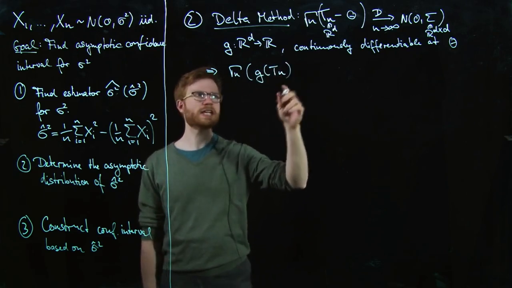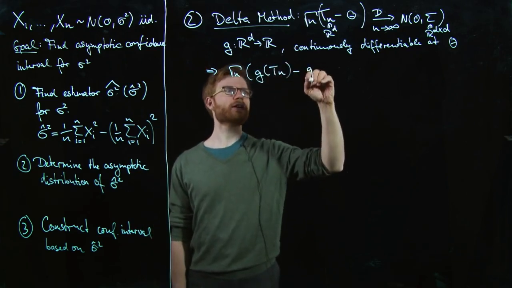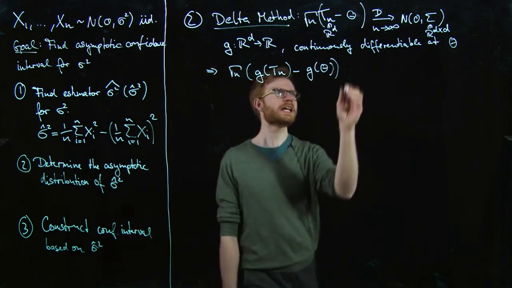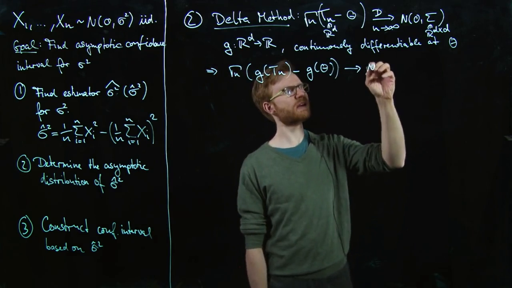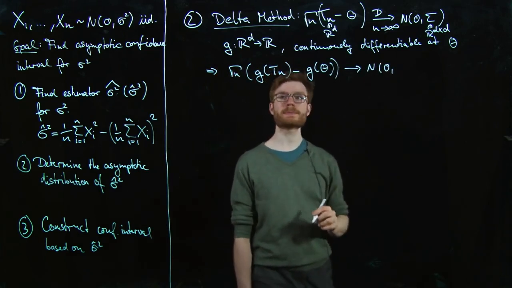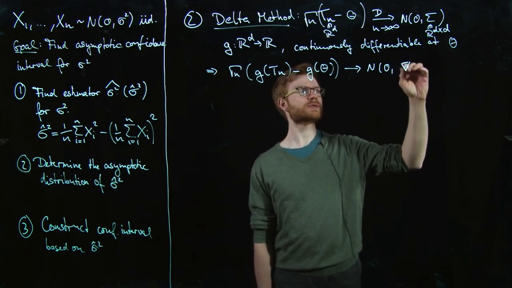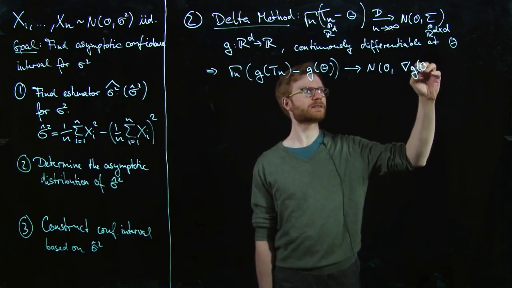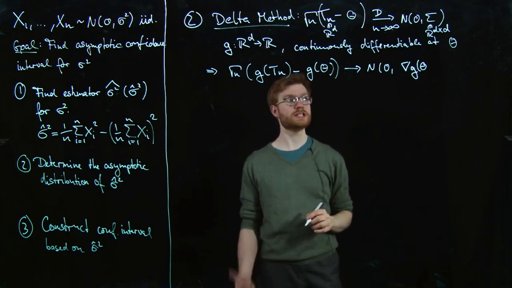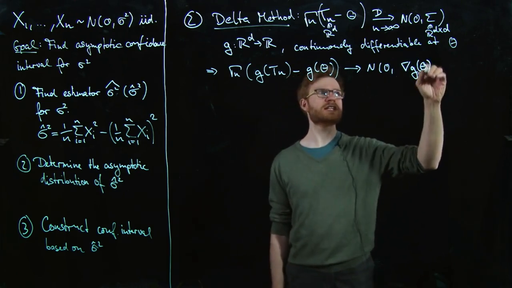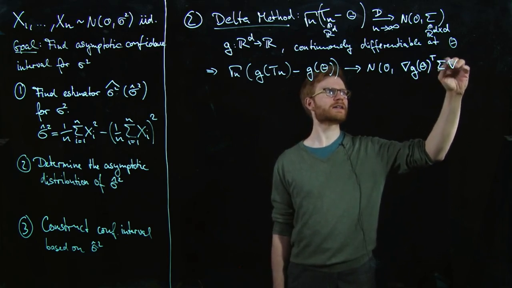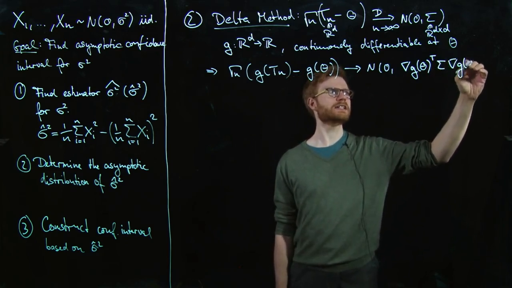I look at g of Tn. I subtract off g of theta, so this just propagates through. And then what happens to my asymptotic variance? This is what I care about. It is going to get scaled with a linear approximation to g, namely the gradient of g at theta, transpose, sigma, and again the gradient of g at theta.